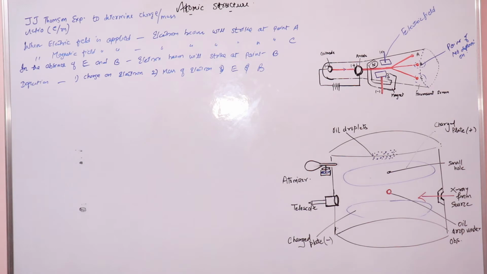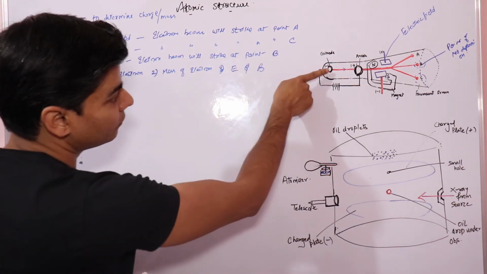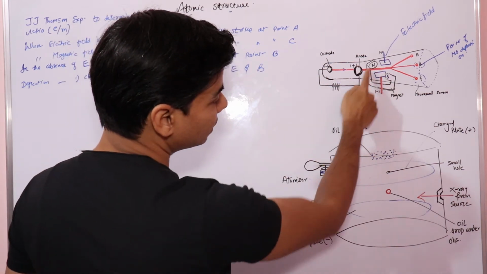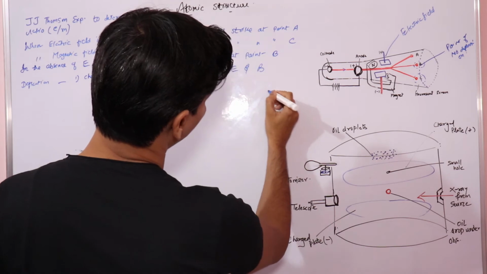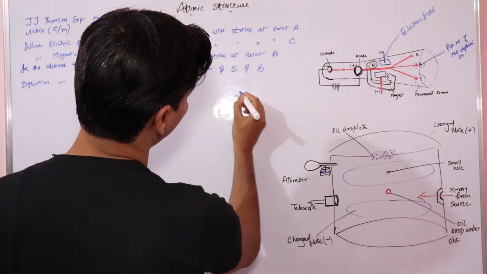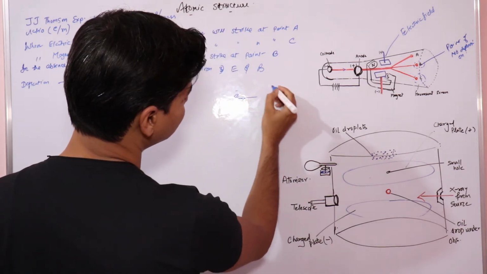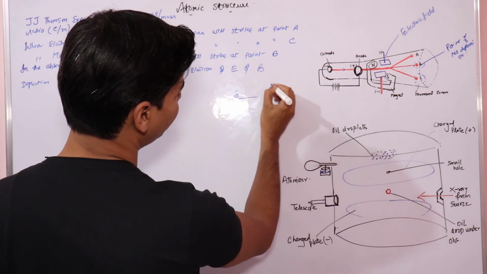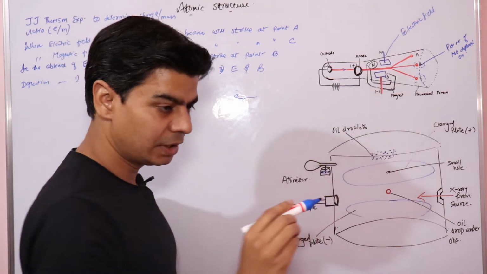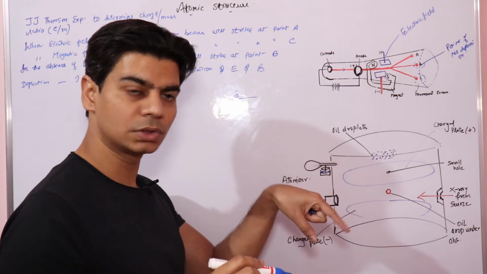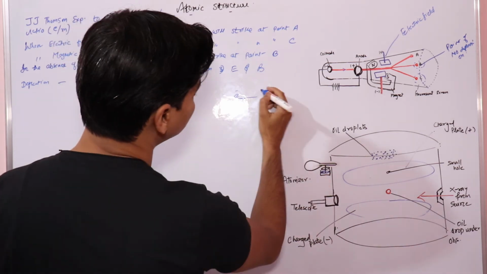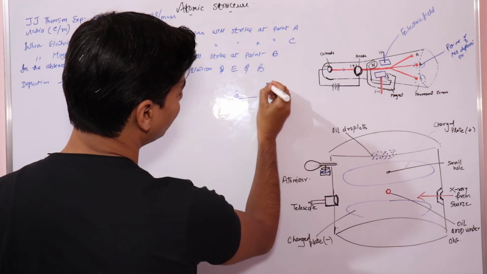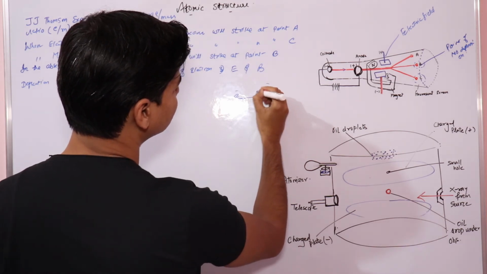Since I said that when this electron enters, say, this magnetic field, when there is only a magnetic field, say this is an electron. When it enters this magnetic field, the magnetic field will exert a magnetic force on this electron and will move it in a circle. It will start rotating in the magnetic field like this.